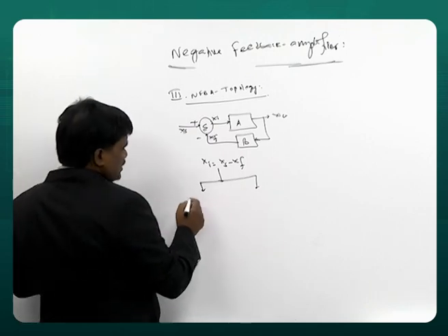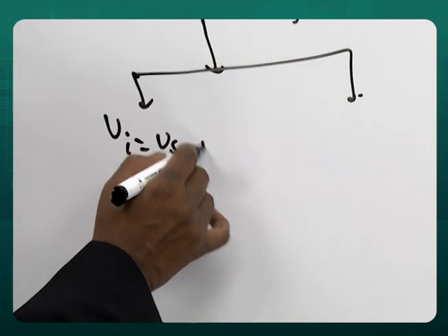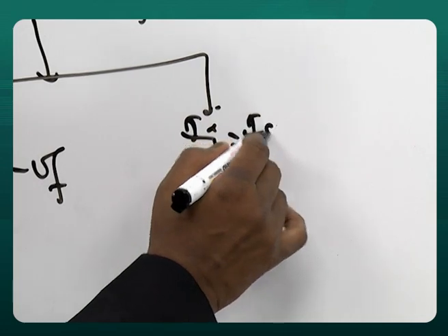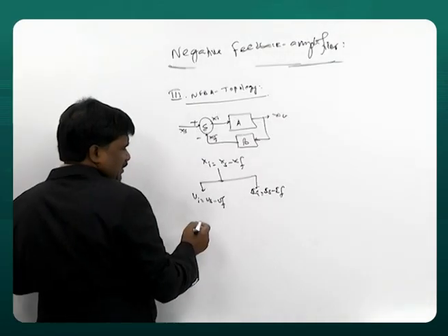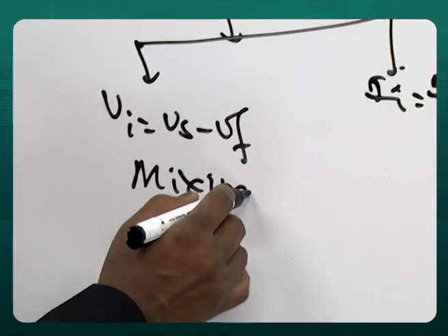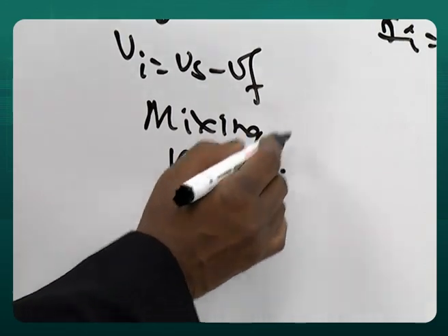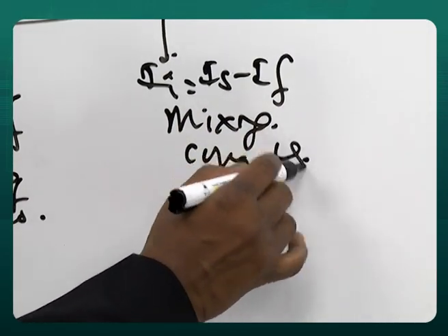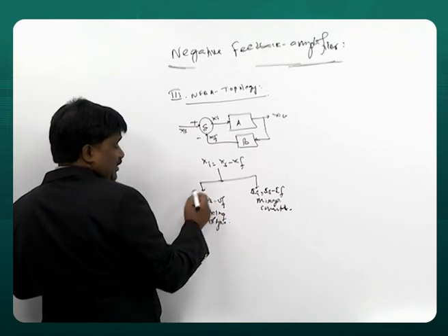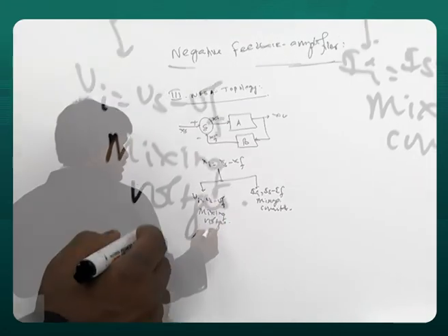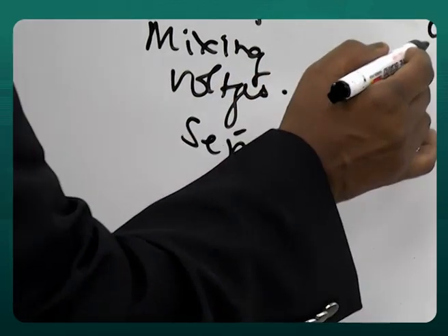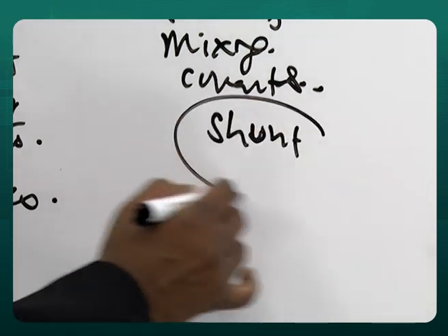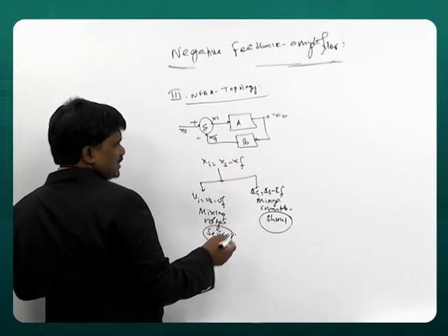If it is voltage, Vs minus Vf. If it is current, Is minus If. This is mixing voltages, mixing currents. When voltages are mixing, voltages subtracted means series. When current is added or subtracted means shunt. So shunt mixing, series mixing.